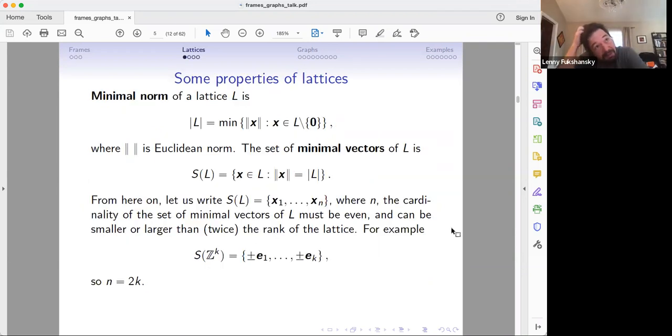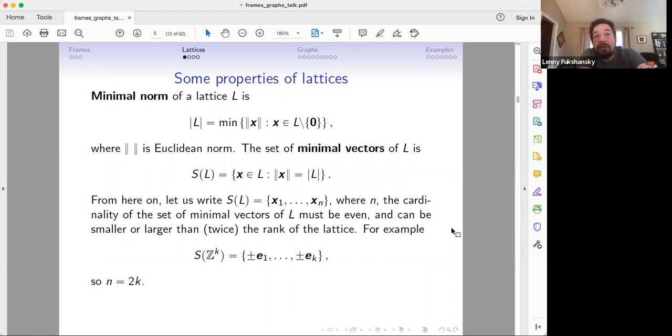So let me start by defining the minimal norm of a lattice. Remember, a lattice is discrete, so I can define the minimal Euclidean norm of all non-zero vectors. So this is well defined. The set of minimal vectors of L is the set of all vectors that have this minimal norm.